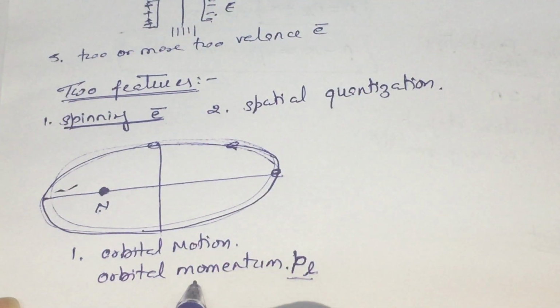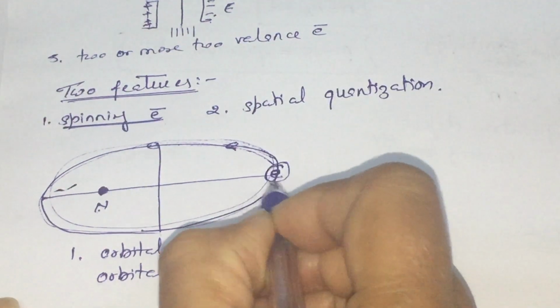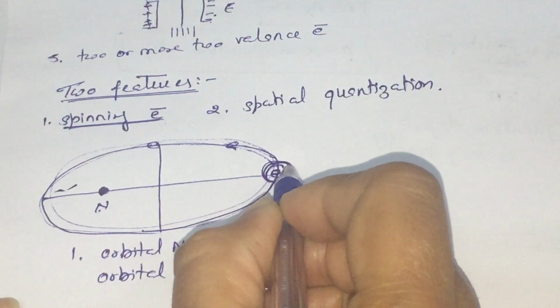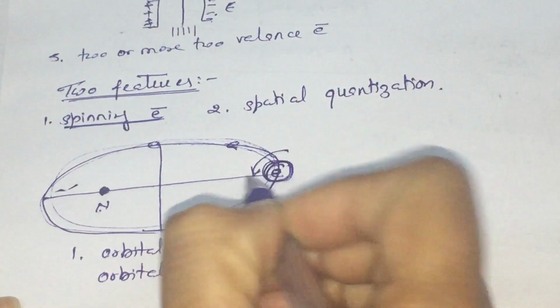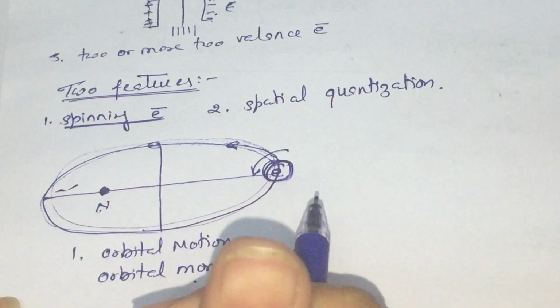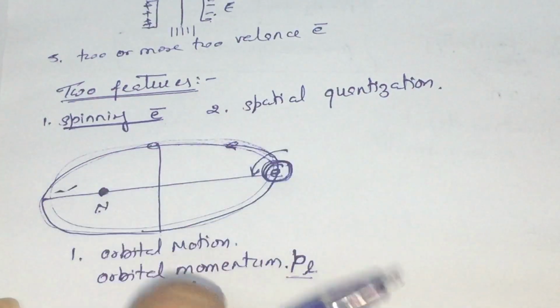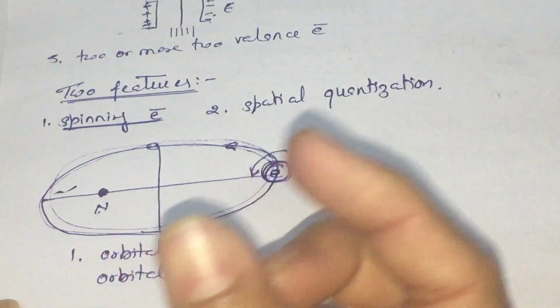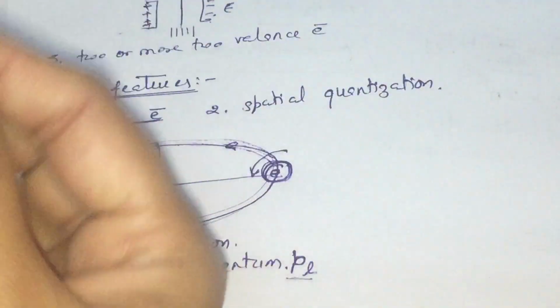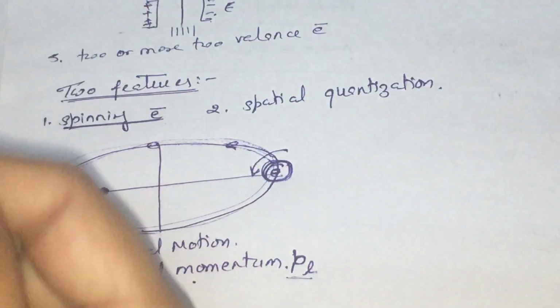Added to this motion, the electron is also assumed to have a spin motion about its own axis. It means the electron is spinning as well as moving around the nucleus.